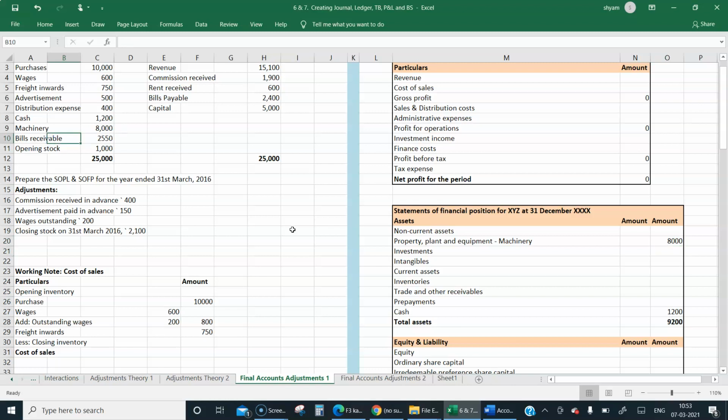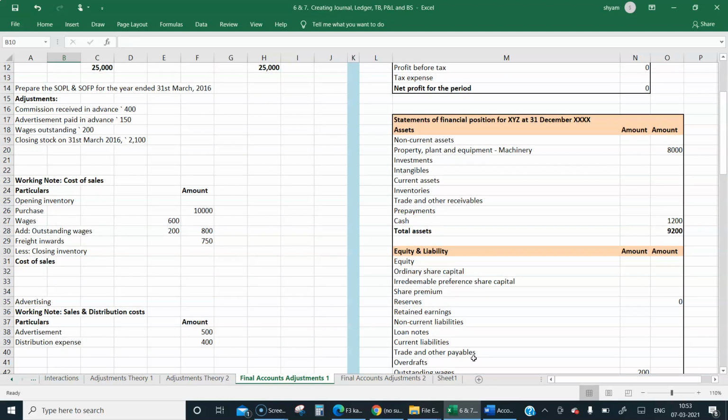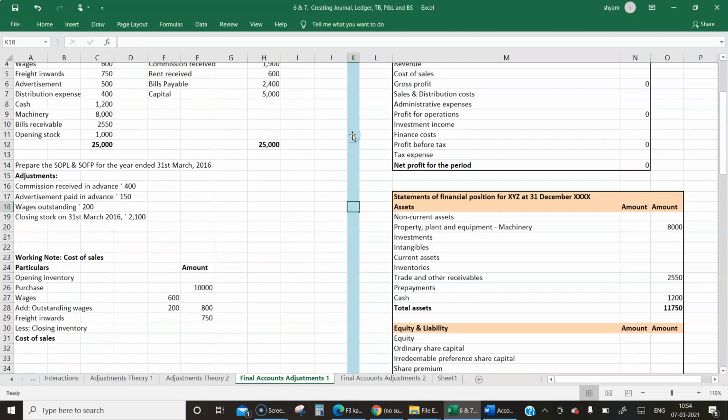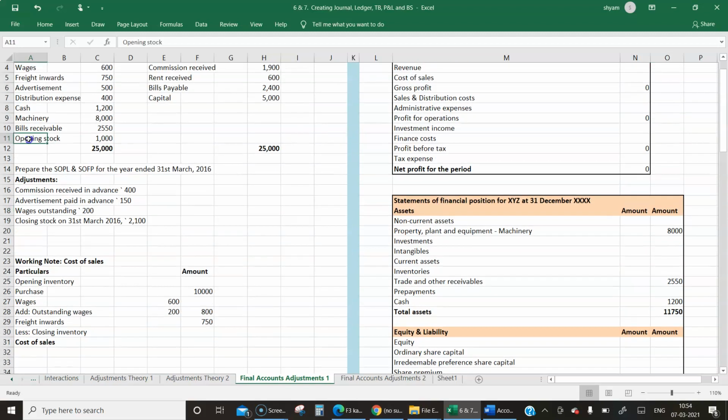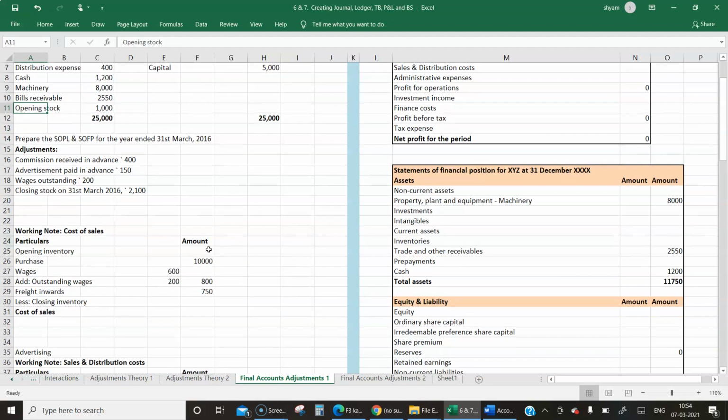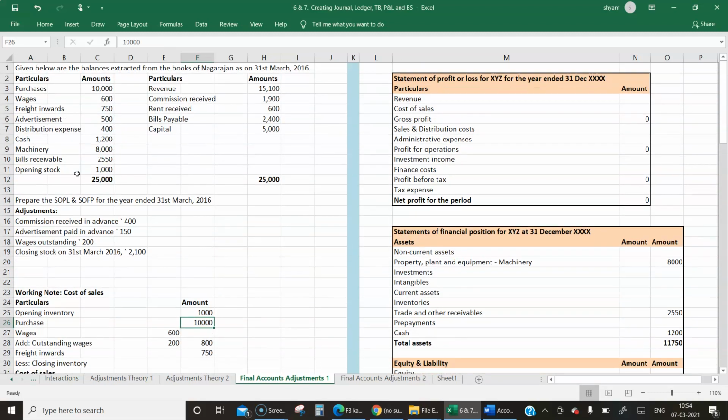Bills receivable is 2550. Okay, opening stock is 1000. So we can put opening stock here. And revenue is 15,100. So we'll put that here. Commission received is 1900.